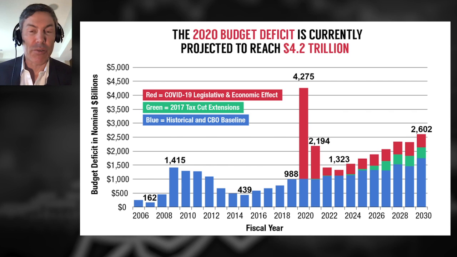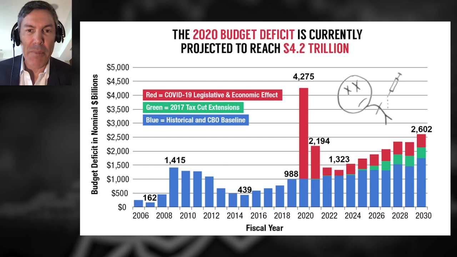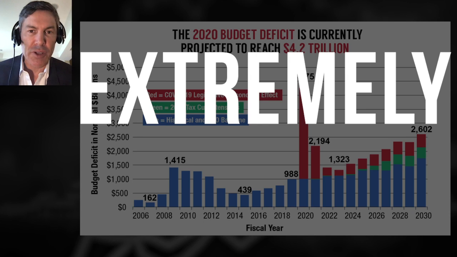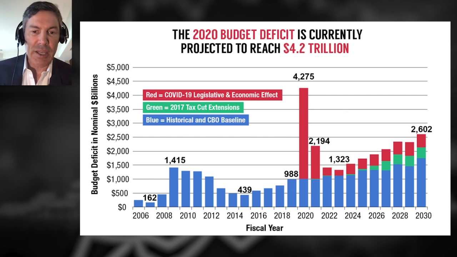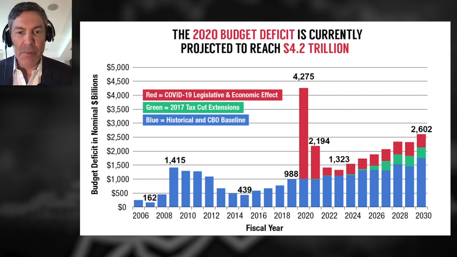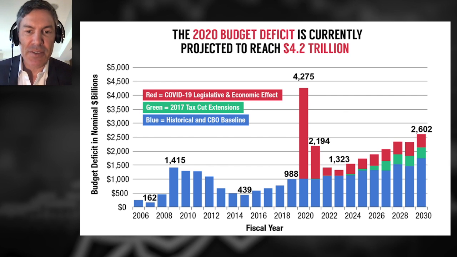That's one of the reasons why I always use the example of heroin guy when I'm talking about the economy. Because obviously, when we look at the actual numbers, we see the underlying fundamentals of the economy are extremely unstable, regardless of what the headline numbers look like that we see in the financial media. But the bottom line is the deficit in 2020 goes up to $4.2 trillion.